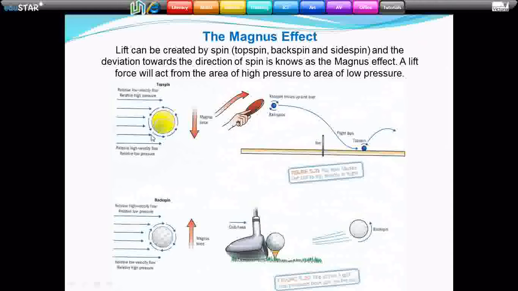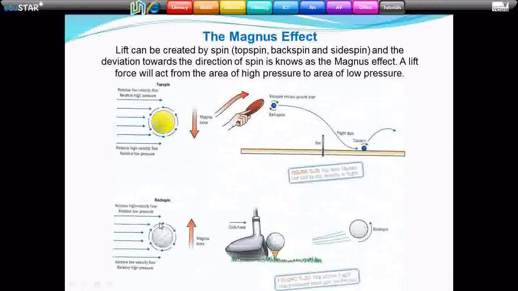So that means that we've got low pressure down here, and that ball will tend to curve or spin down through the air, because things like to travel from areas of high pressure to areas of low pressure.